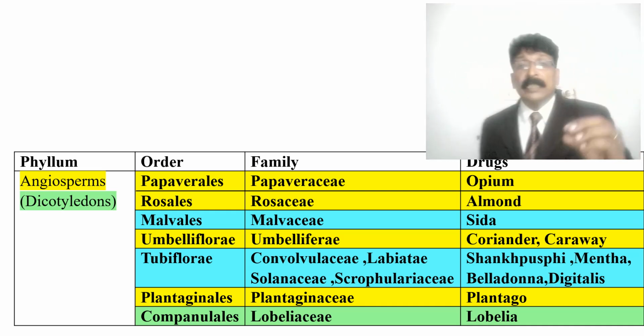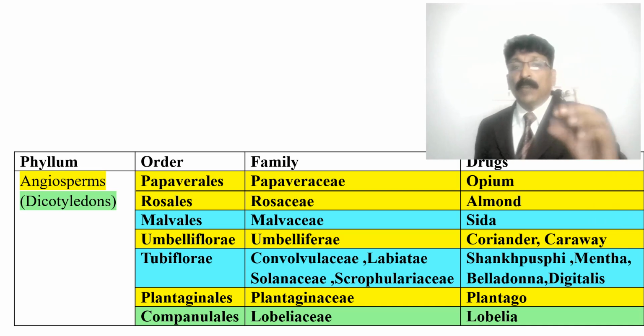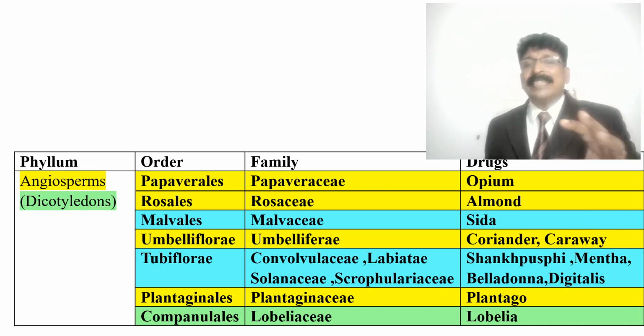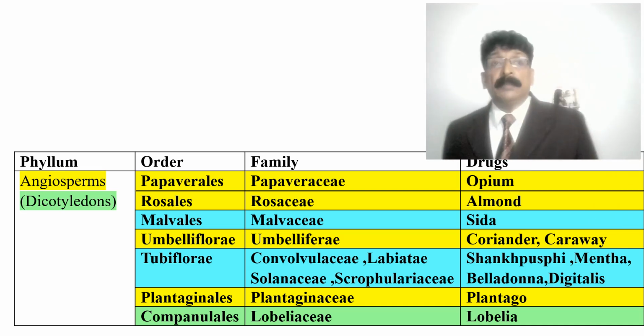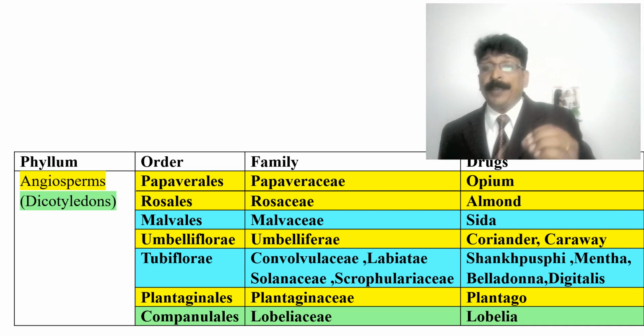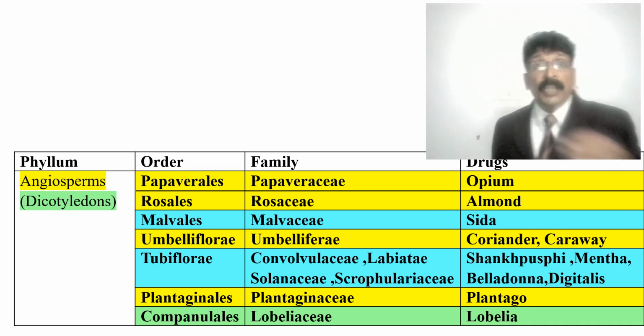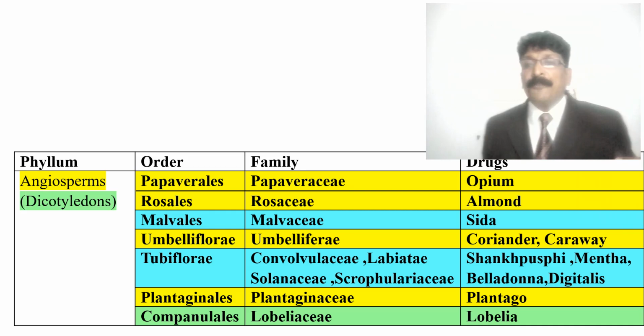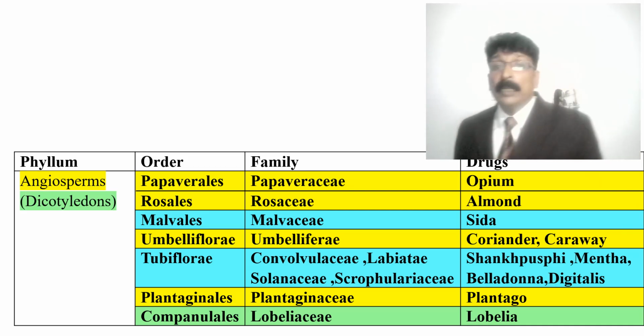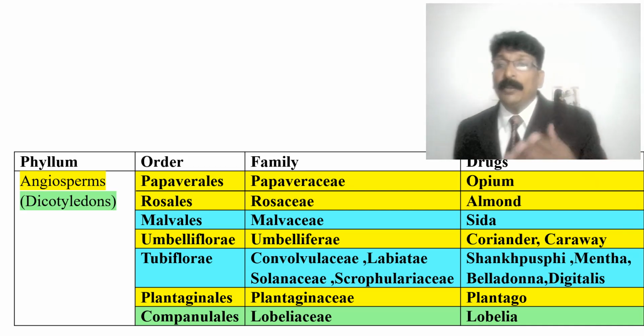Convolvulaceae, example of the drug is Jalap. And you can see Labiataceae family, example is Mentha. And Solanaceae family, example Belladonna. And Scrophulariaceae family, we can say Digitalis.